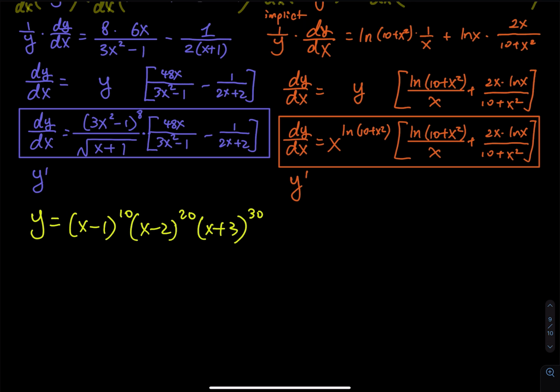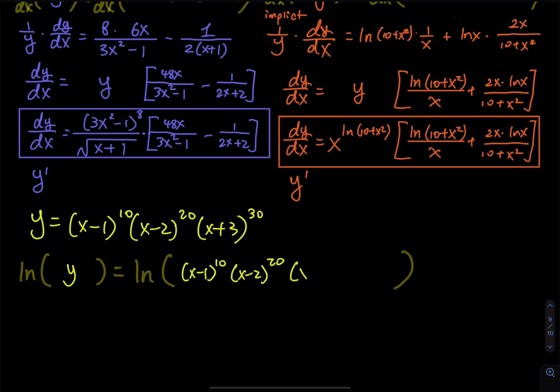I prefer to do this in highlighter, so you can distinguish the original problem from the ln. So ln y equals ln of (x − 1)^10 (x − 2)^20 (x + 3)^30.